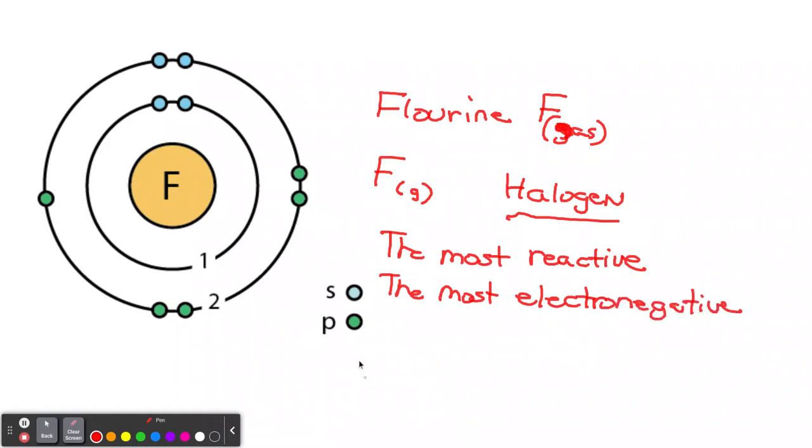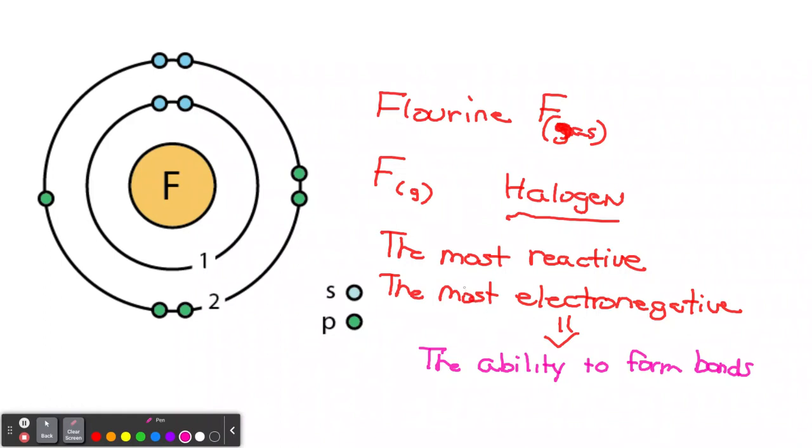So electronegativity means the ability to form bonds. So I'll put a little area there, change the color. The ability, sounds like reaction, right? The ability to form bonds. Fluorine will form a lot of bonds. There's sodium fluoride in toothpaste, members. Calcium fluoride, hydrogen fluoride.